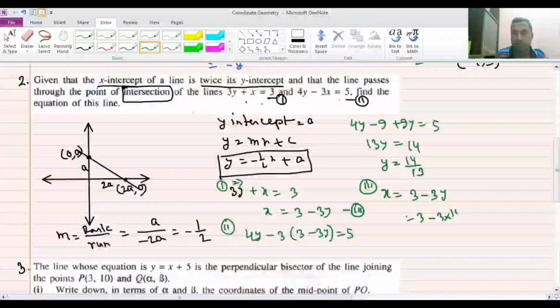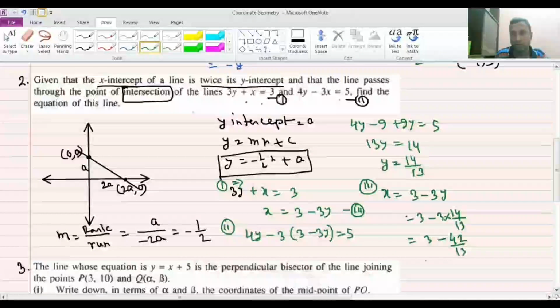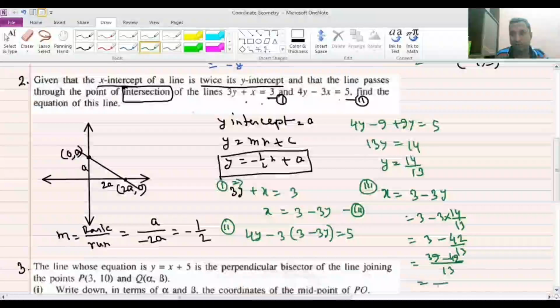So 3 minus 3 into 14 by 13. 3 times 14 is 42, so 39 minus 42 over 13 gives minus 3 by 13.